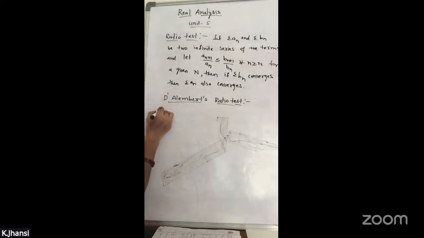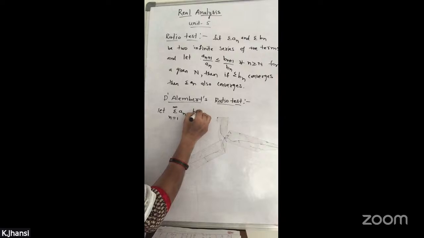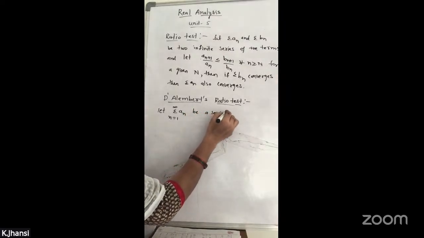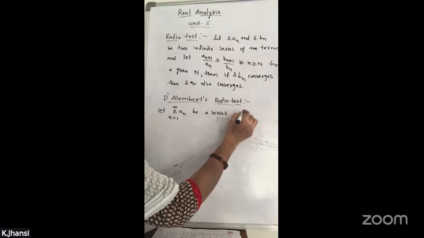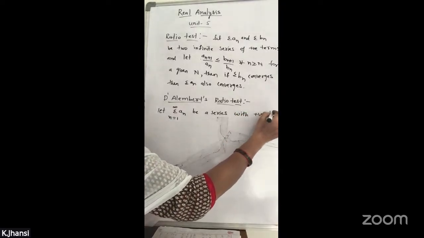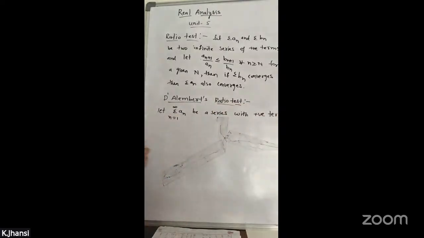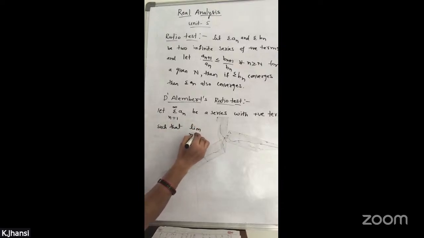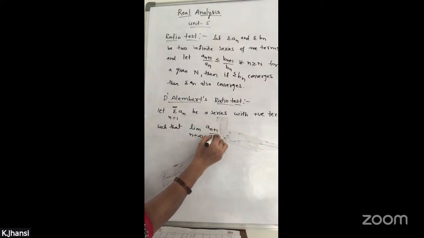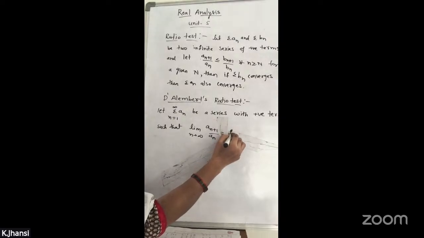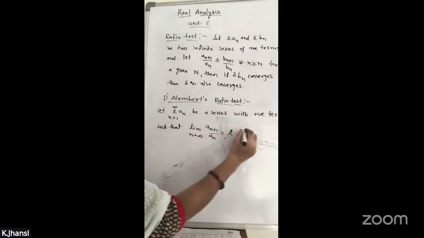So for this, the definition is: let summation n equals 1 to infinity an be a series with positive terms such that limit n tends to infinity an plus 1 by an equals L, small l.